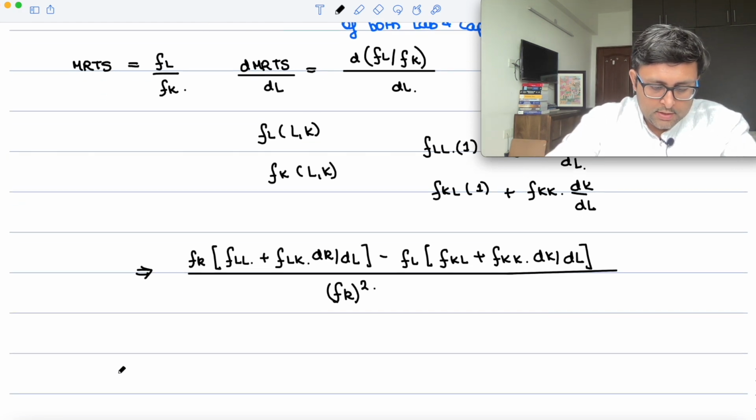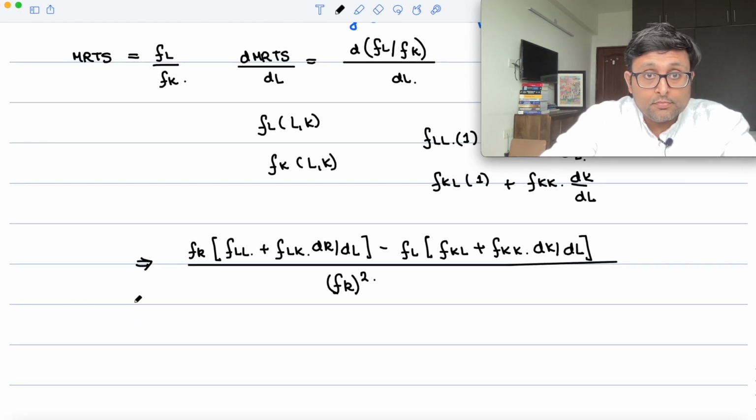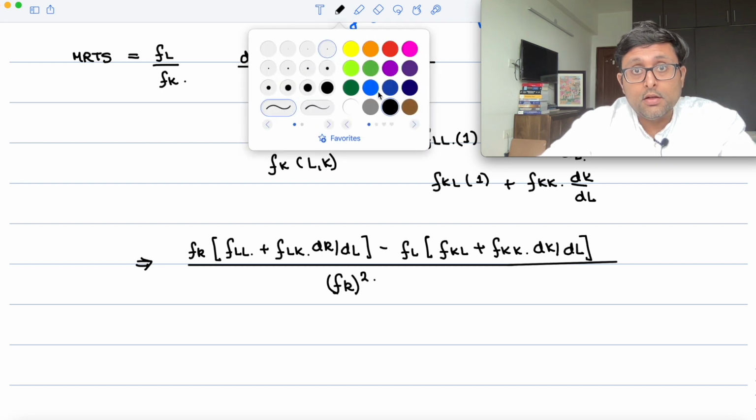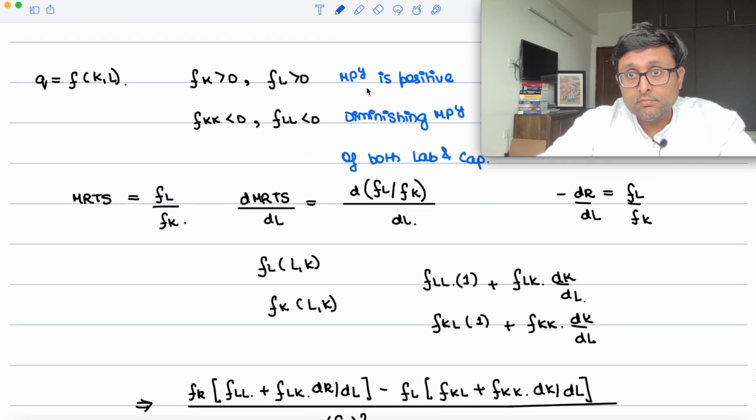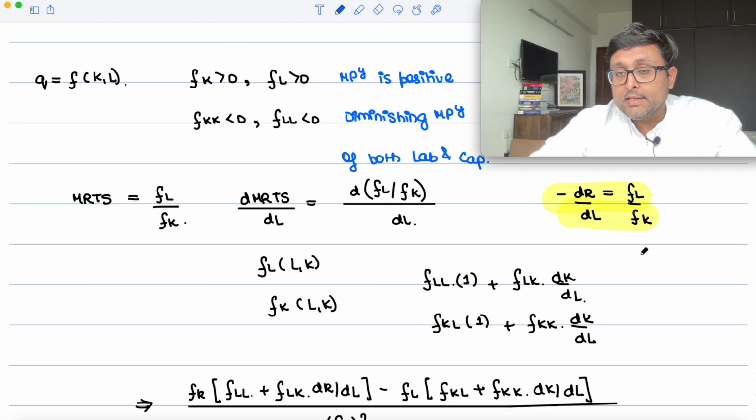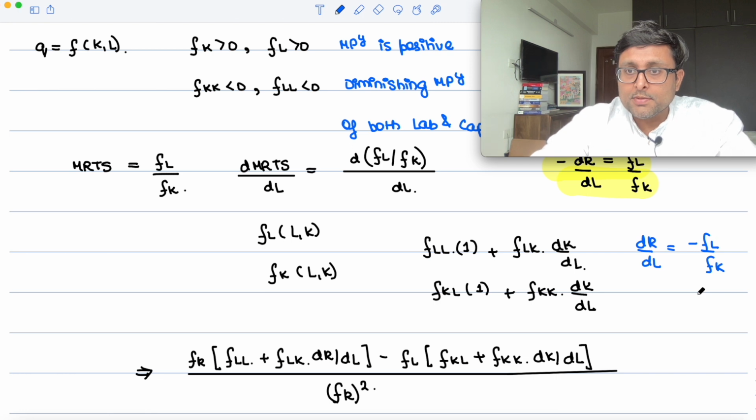But you also know that minus dK by dL is equal to FL by FK. So dK by dL is equal to minus FL by FK. Wherever dK by dL is, I will substitute minus FL by FK.